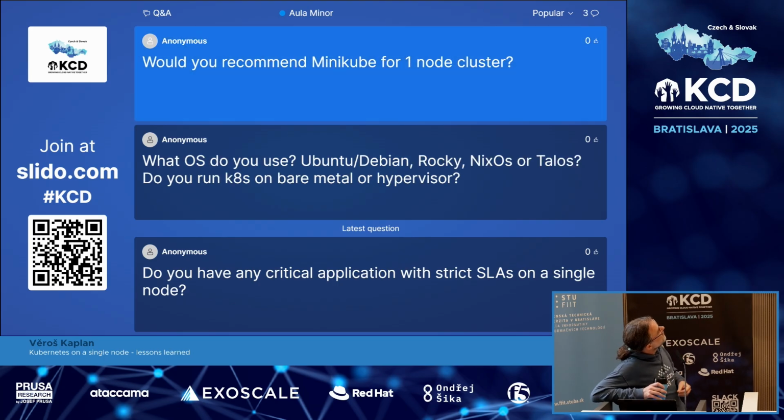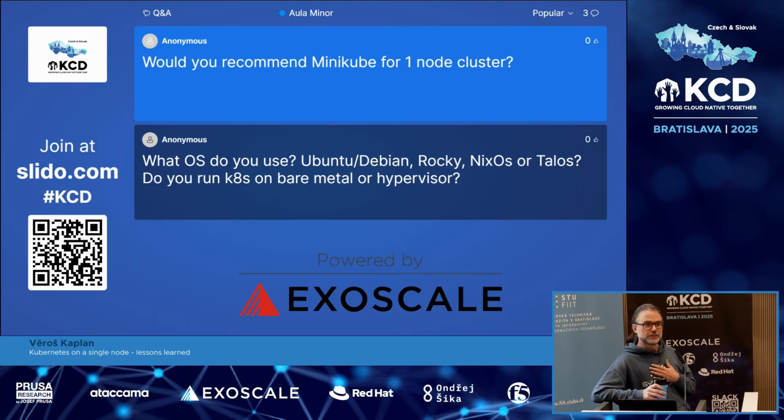Okay, next. Would you recommend Minikube for a one node cluster? Well, me personally, no. We are running Minikube, but mostly for testing environments, for playgrounds.